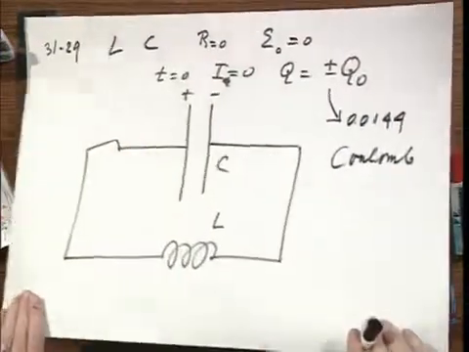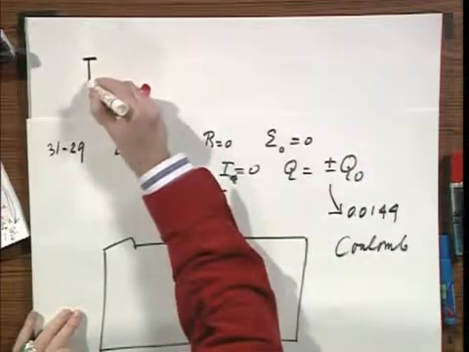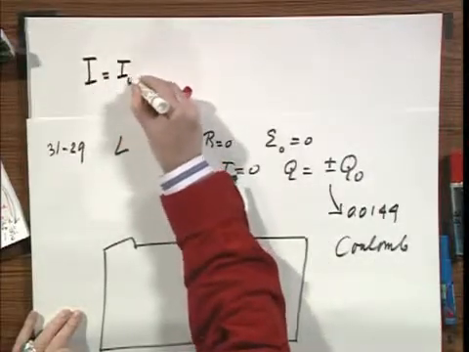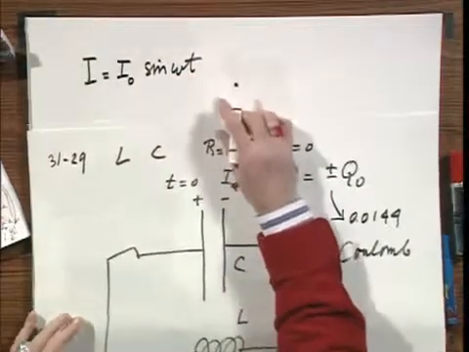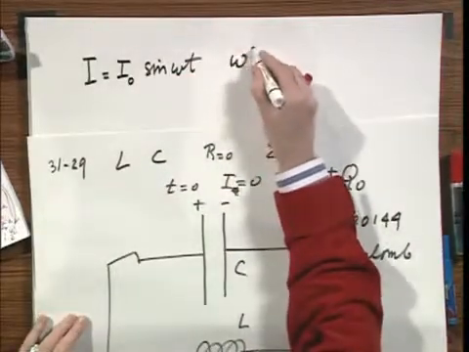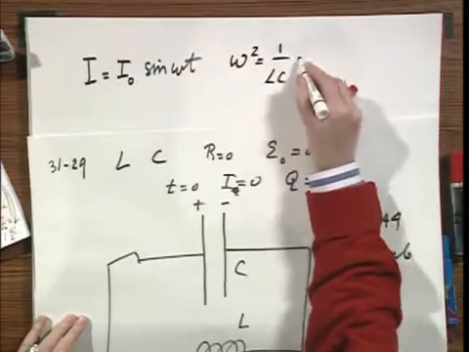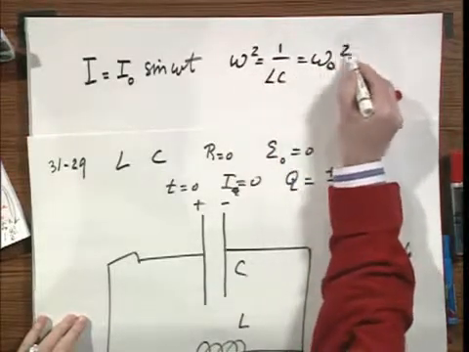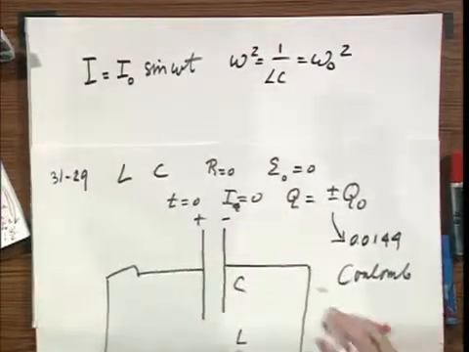Well, in order to meet the initial condition, I equals I0 times the sine of omega t, the phi is 0 here. Omega squared equals 1 over LC, which is omega 0 squared, because notice there is no resistance.